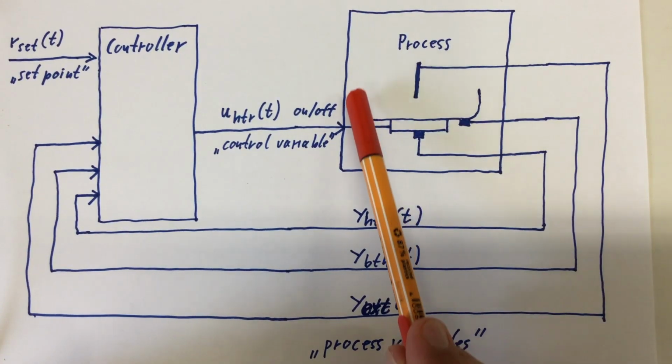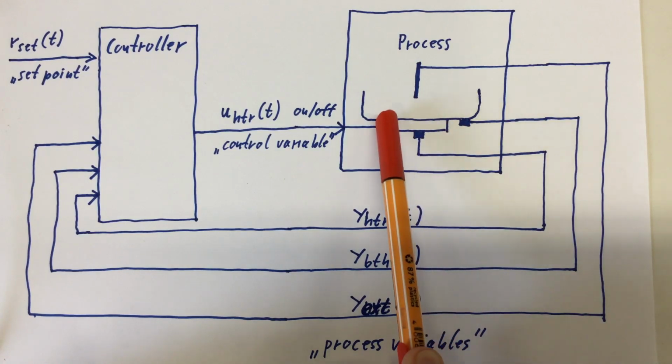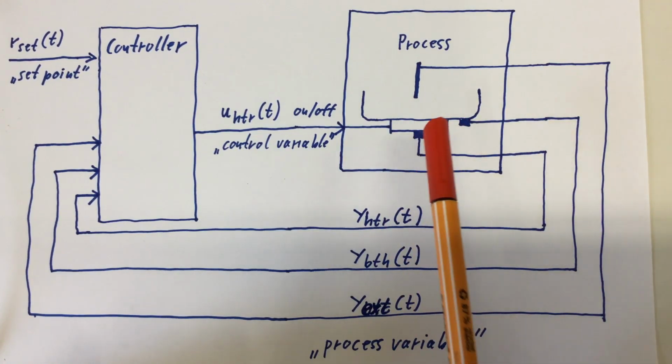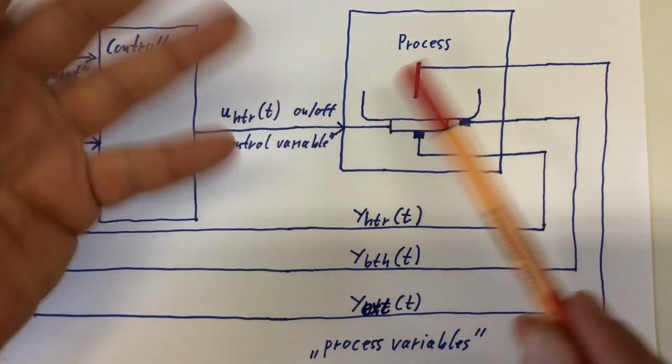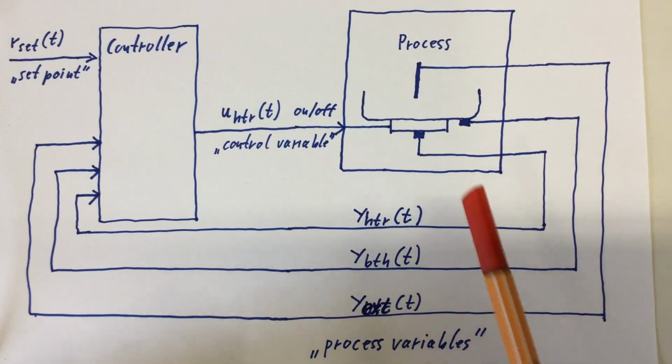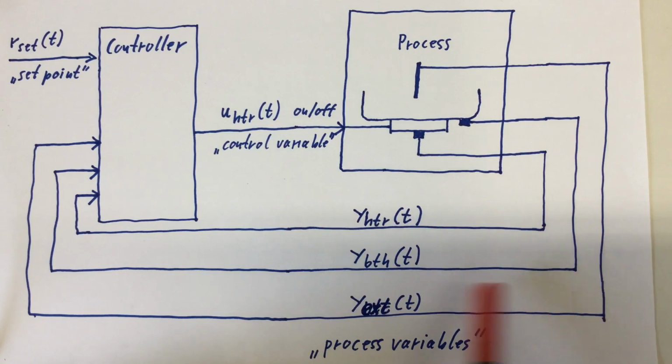And it consists of our stainless steel bath with a temperature sensor connected to it, and our heating element with the temperature sensor connected to it, and we have our external temperature sensor, which is currently just dangling in the air. And we get these three temperatures out of our process, and these are called the process variables, and in controlling theory they are always called Y. Okay, so we have Y heater, Y bath, and Y external.